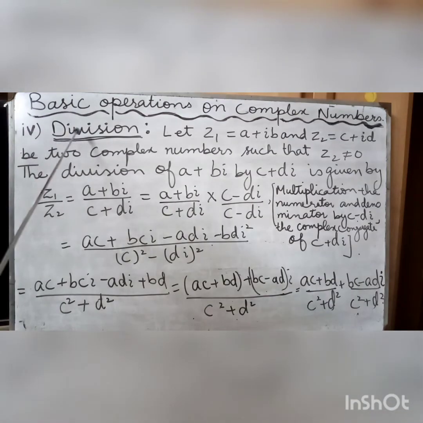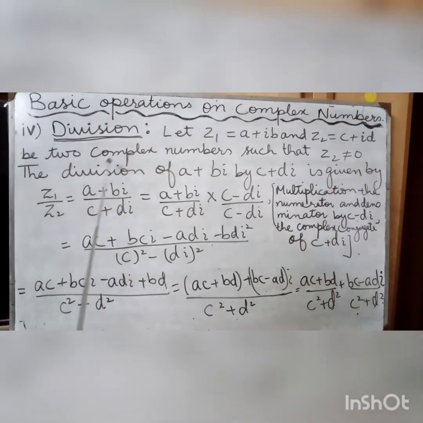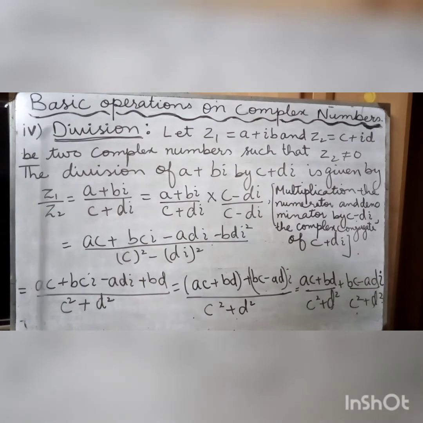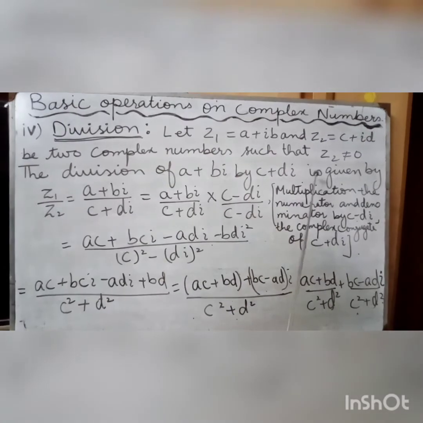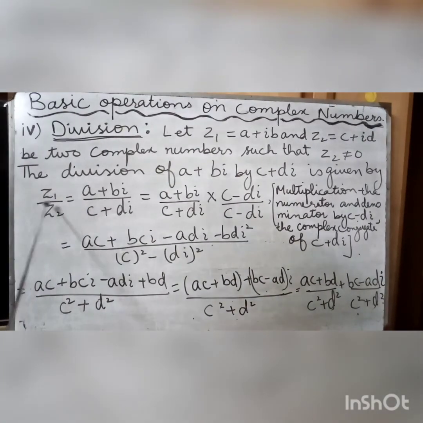Fourth basic operation is division. Let z1 = a + ib and z2 = c + id be two complex numbers such that z2 is not equal to 0. The division of a + ib by c + id is given by z1 divided by z2, (a + ib)/(c + id).